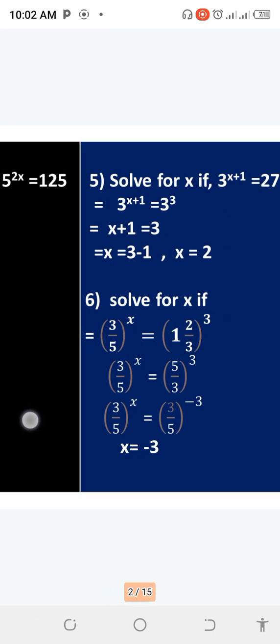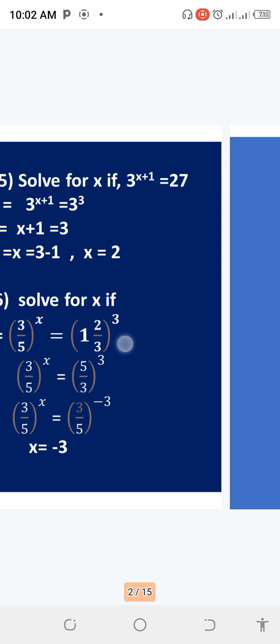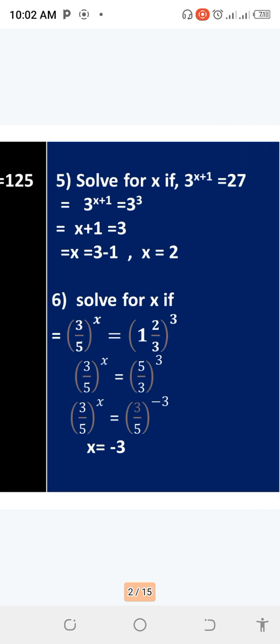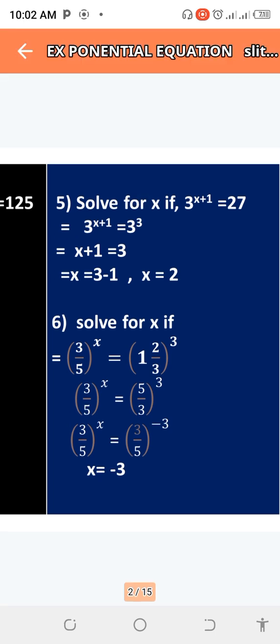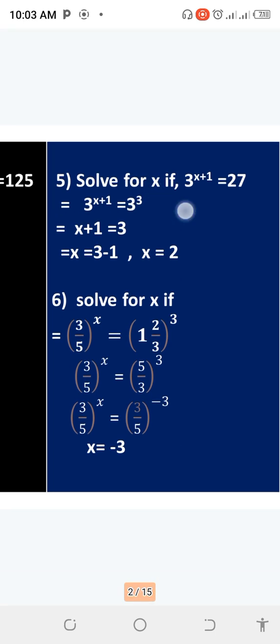Now we go ahead to question 5. Question 5 says solve for x if 3 exponent x plus 1 is equal to 27. Now look at 3, which is a base, and look at 27. 27 is in the power of 3, because 3 can times itself three times to become 27.